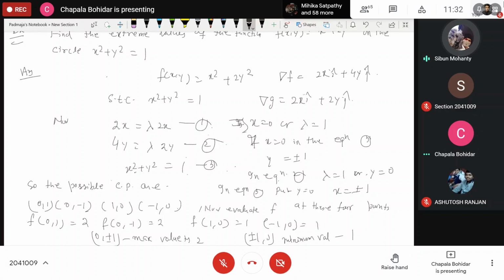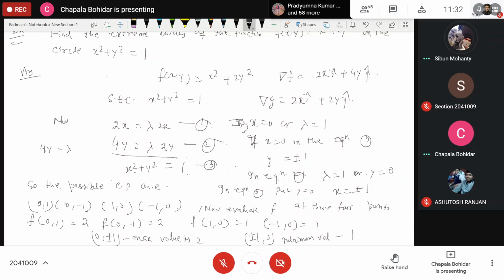Ma'am, in equation 2, lambda equals 2. Lambda equals 2 or what? In equation 2, lambda is equal to 2. Yes.